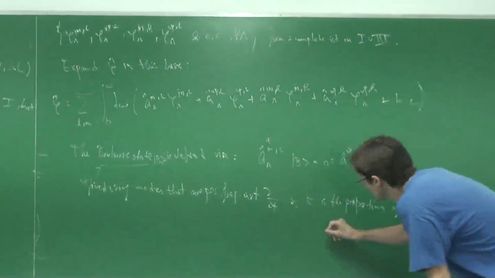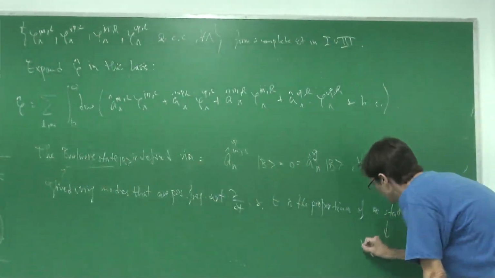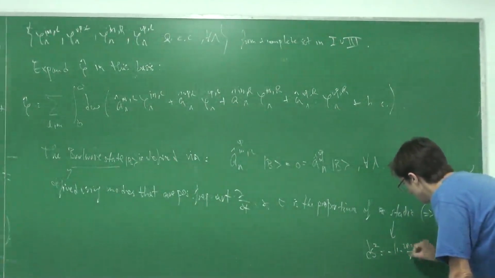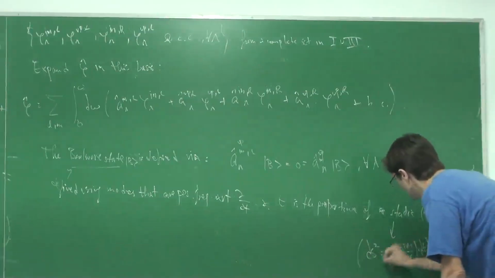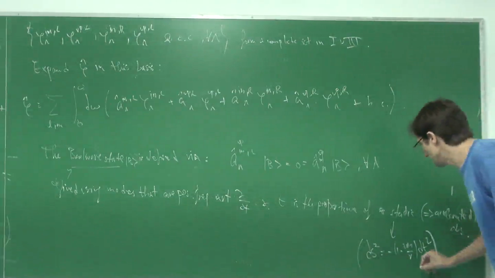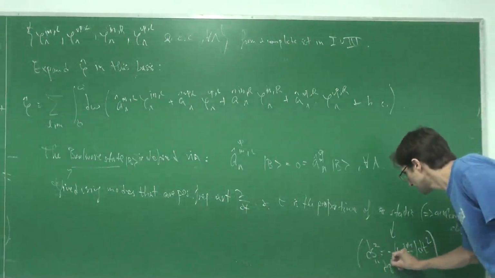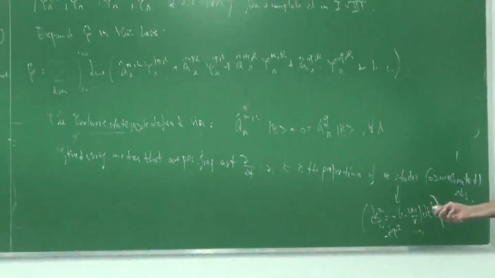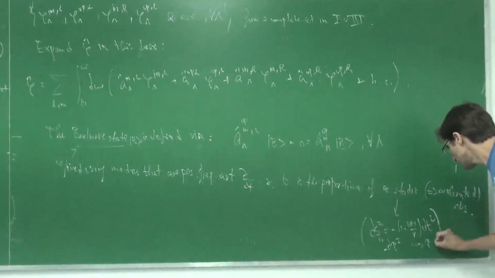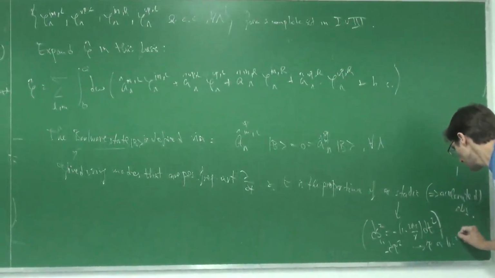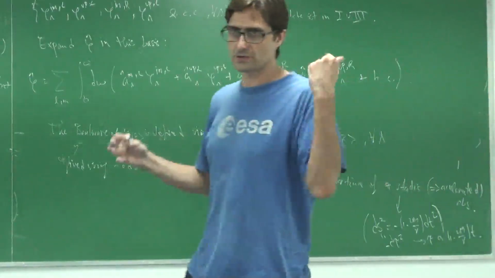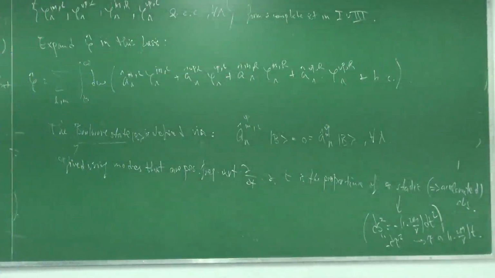Now a way to look at this: if it's static, ds squared is minus (1 minus 2m over r) dt squared. So the proper time tau would be proportional to the square root of (1 minus 2m over r) times t. Since r is constant for a static observer, that factor is just a constant.